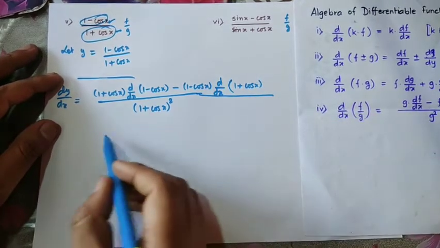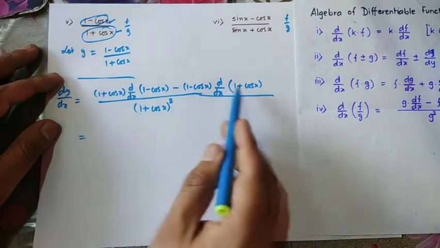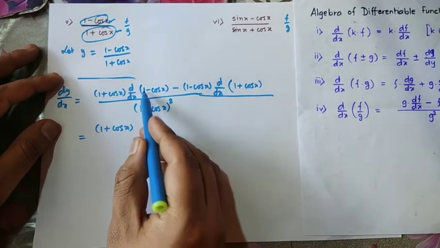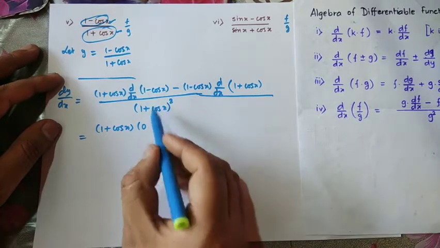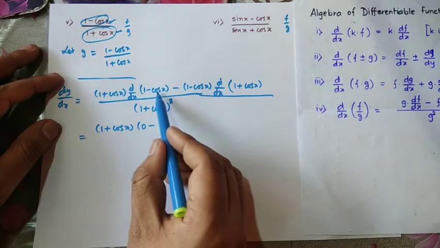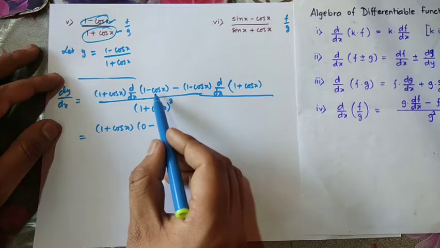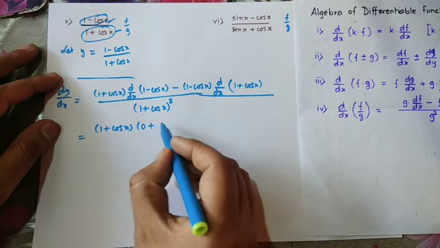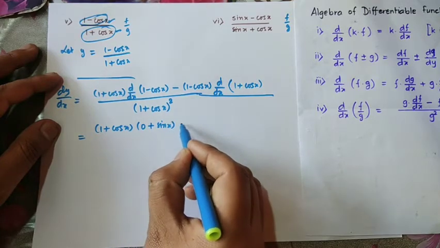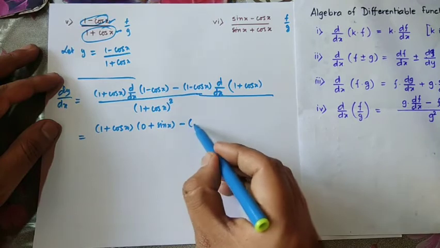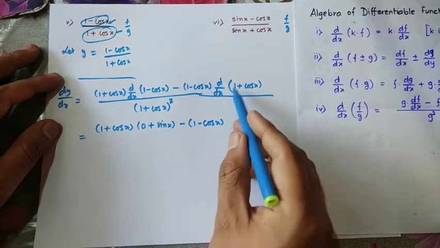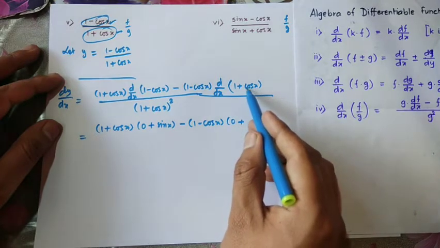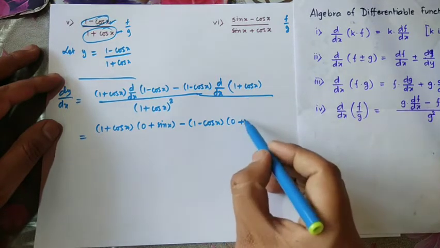Now let's differentiate these two. We have 1 plus cos x. When I differentiate 1, I'll get 0, and differentiation of cos is minus sine, so this minus becomes plus, and we have sin x. Then we have 1 minus cos x here, and differentiation of 1 is again 0, and differentiation of cos x is minus sin x, so minus into plus is again minus.